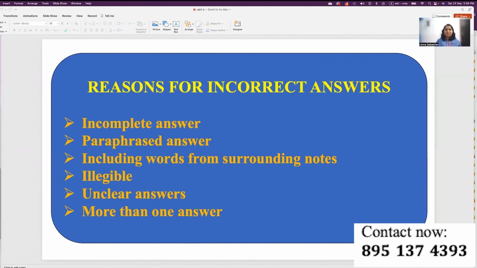Here I have written some reasons for incorrect answers. Same things again: incomplete answer, paraphrased answer, including words from surrounding notes, illegible or unclear answers, more than one answer. For example, here in the last one, we predict maybe that is a disease condition.